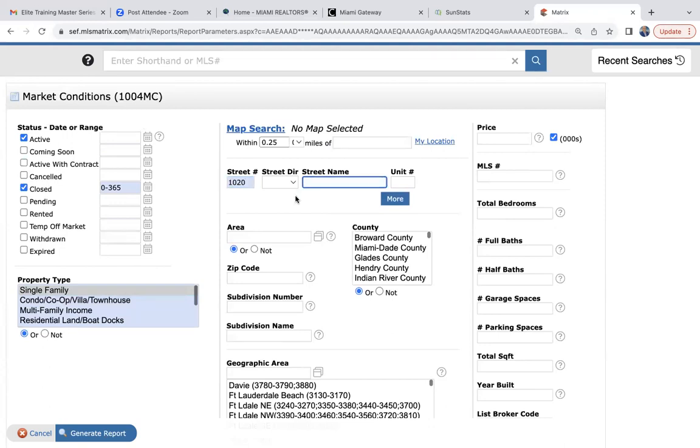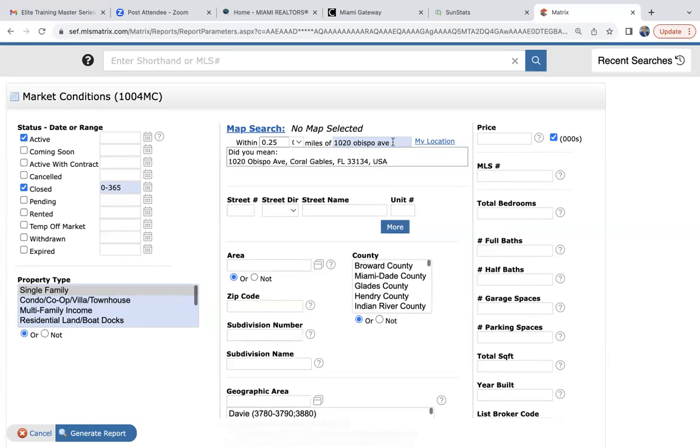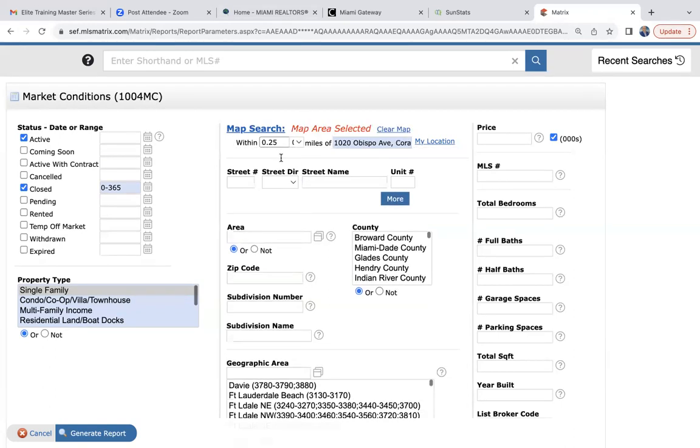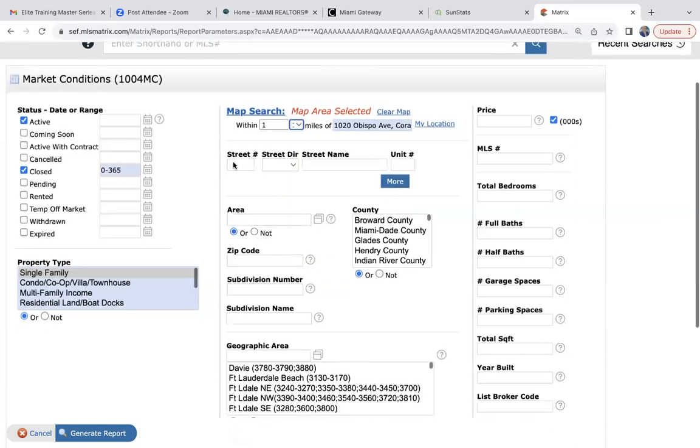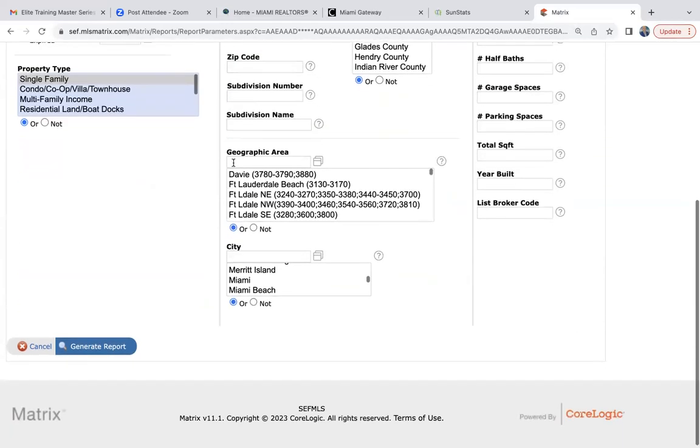Sorry, we're not putting it there. All right, we're going to put it up here. So we're going to put in here 1020 Obispo Avenue, which is an address I often use in Coral Gables. No relation, I don't live here. We're going to put that address there, and we're going to set this to a 1 mile radius.